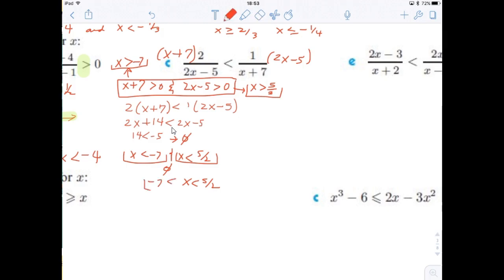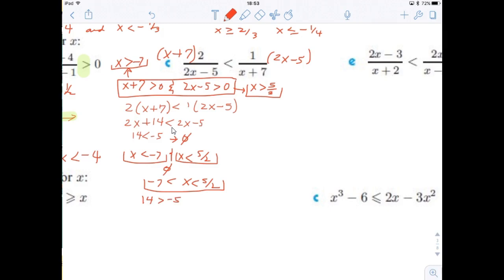Then we know that it flips the inequality once, and then instead of 14 is less than negative 5, we'll have 14 is greater than negative 5, which means it's always true.